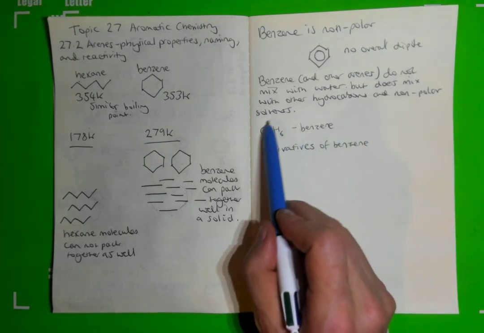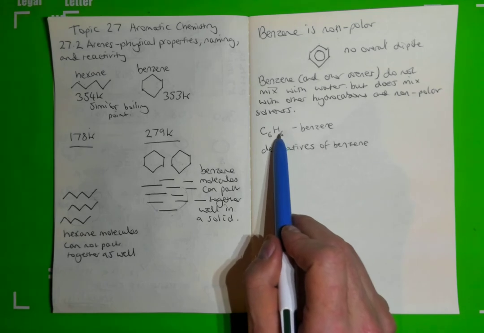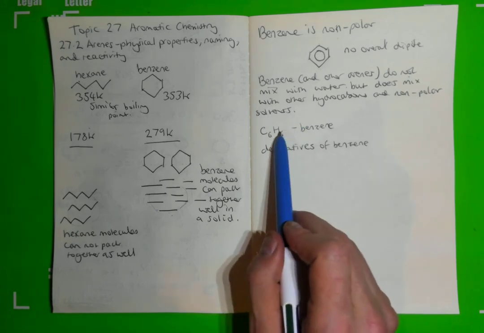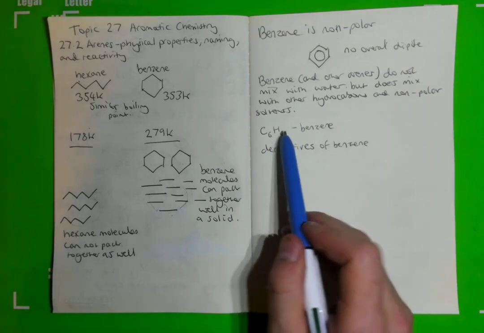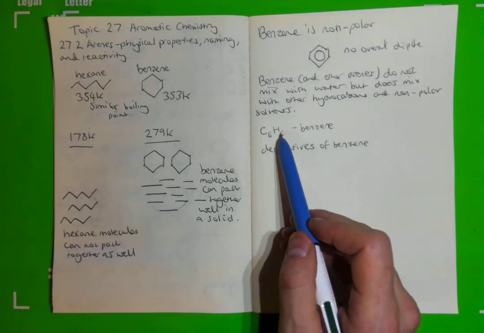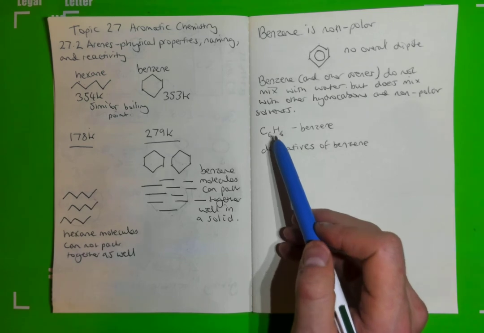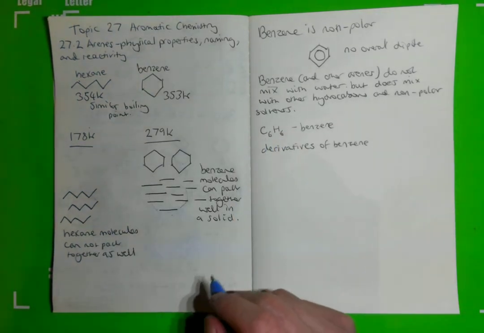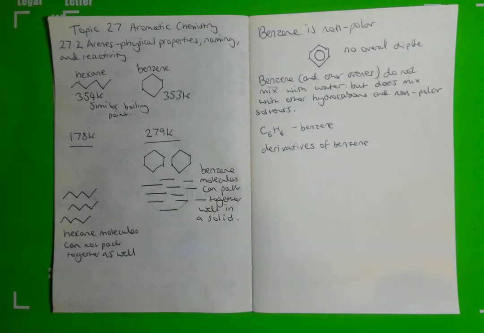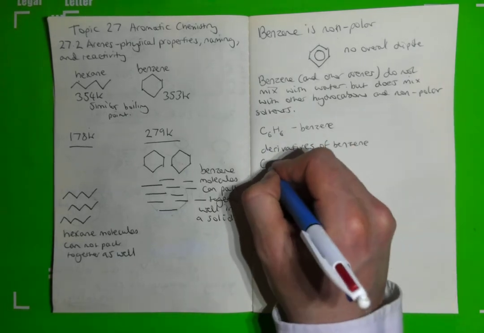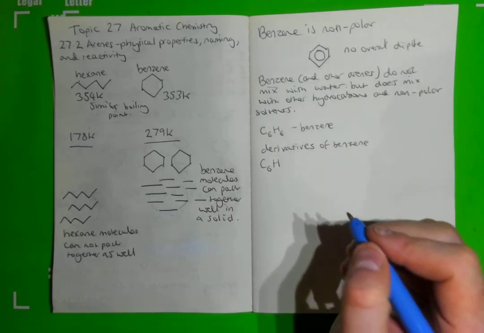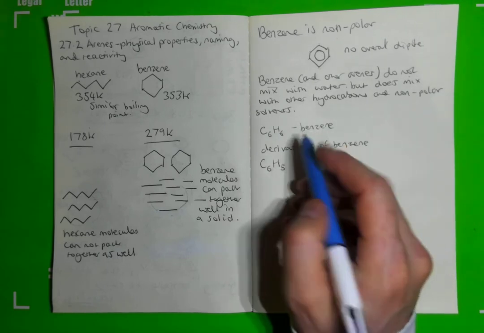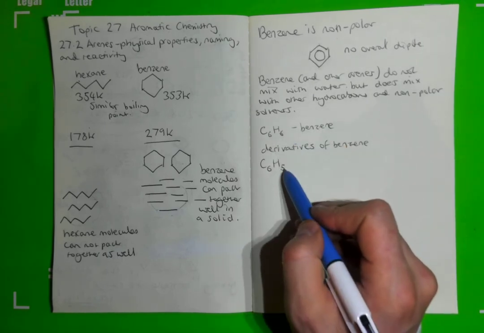Typically, it has this structure here, but with one of the hydrogens replaced with another group or another atom, or maybe two of the hydrogens replaced by two groups or two atoms, or 3 or 4 or 5 up to 6. So let's look at a very simple derivative of benzene here. So instead of having C6H6, let's replace one of those hydrogens here for another group.